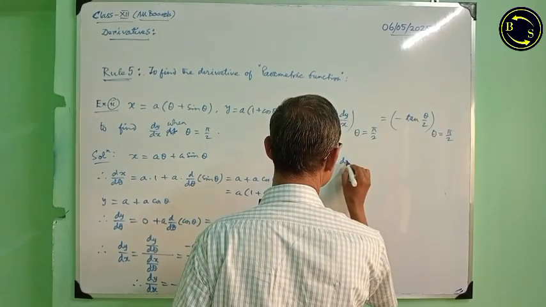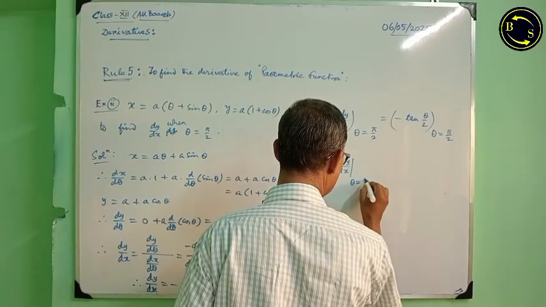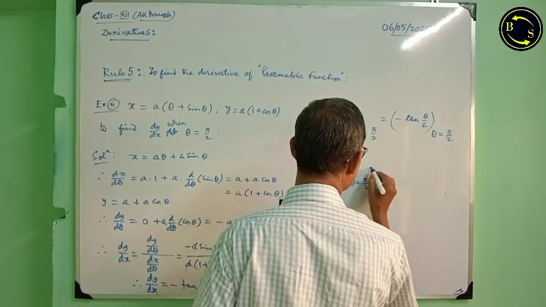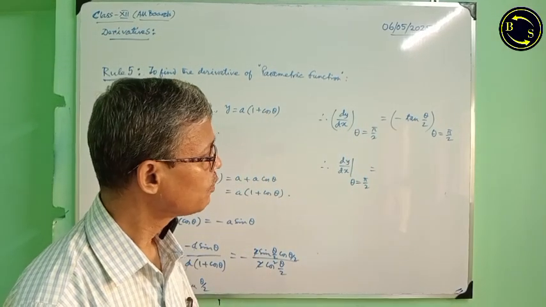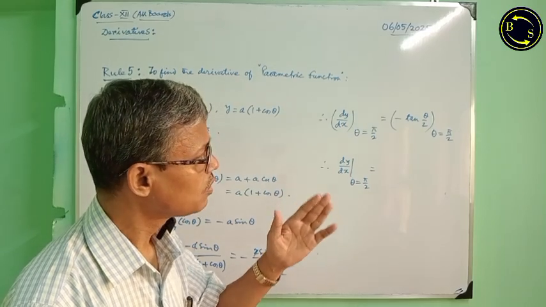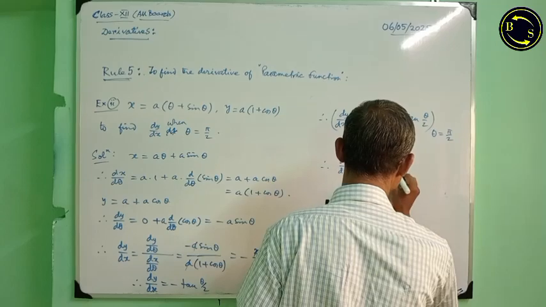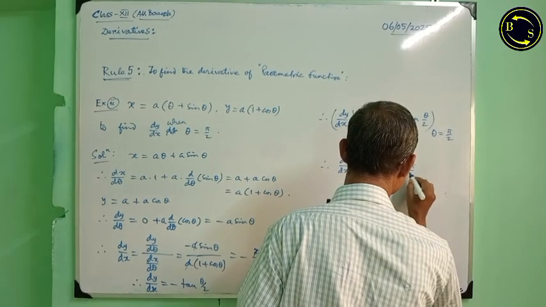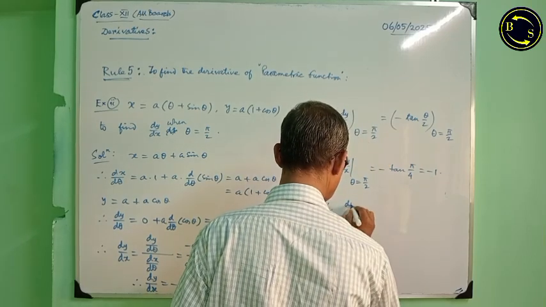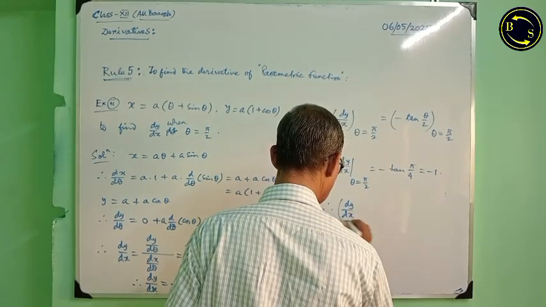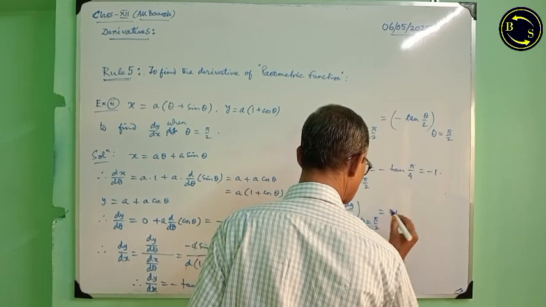Therefore, theta is equal to pi by 2, theta by 2 will be equal to pi by 4. That means minus tan pi by 4, that is equal to minus 1. Therefore, finally, dy/dx at theta equal to pi by 2 is equal to minus 1. Answer.